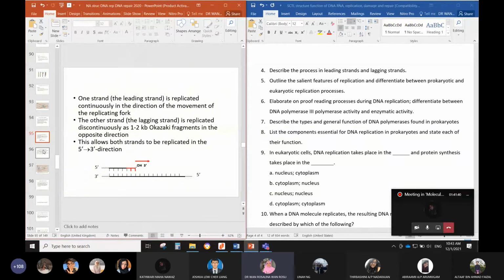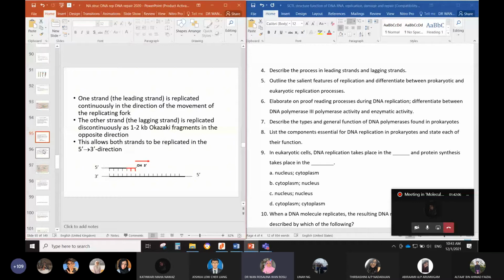So you would have one strand that the polymerase can continuously add on to, because it is working from 5' to 3'. That is the leading strand. It just synthesizes continuously without any interruptions.